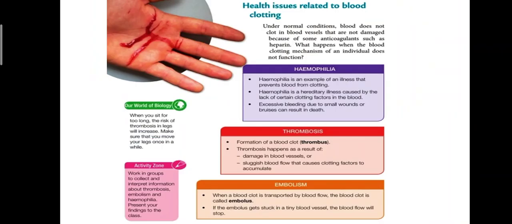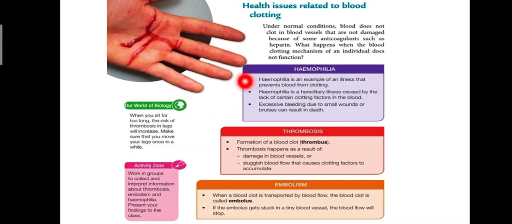Okay. Health issues related to blood clotting. Okay. What happens when the blood clotting mechanism of an individual does not function? The first one, hemophilia. Hemophilia is an example of an illness that prevents blood from clotting. Maksudnya dia punya darah tidak membeku.